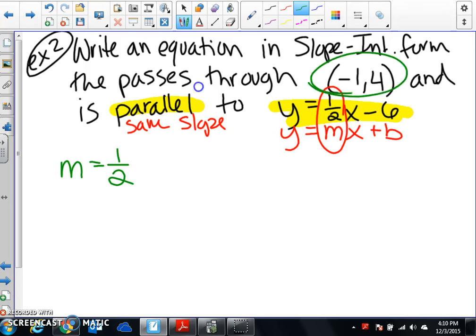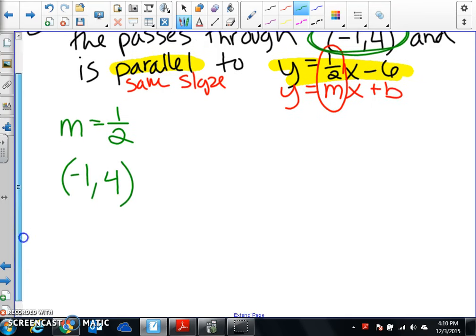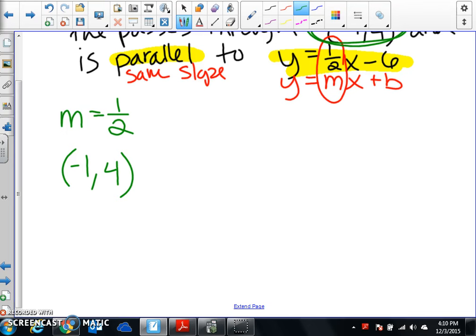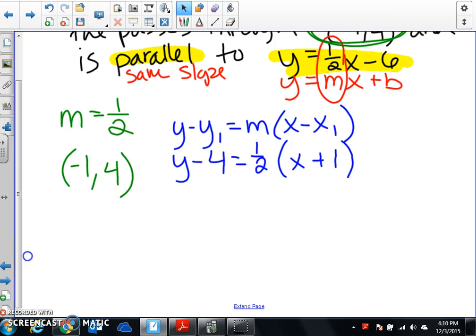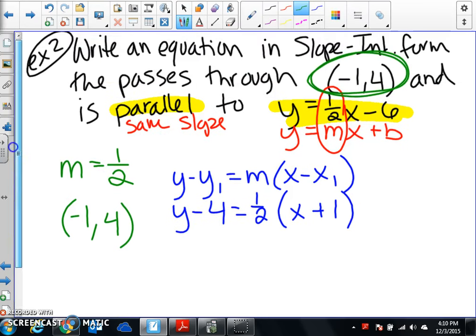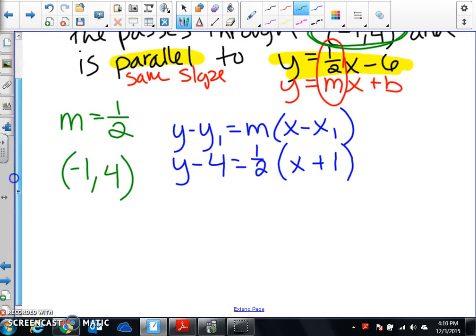Okay? Now, here's a point. They said it goes through this point. So I go ahead and take that point, -1, 4. Now I have a slope. I have a point. I'm going to use point slope. y minus y1 equals m times x minus x1. So y minus 4 equals 1/2 times x plus 1. Okay, they asked us to put it in slope-intercept, which is y equals mx plus b.